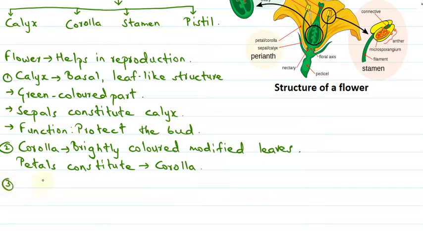Next, let's see what the stamen is. The stamen is the male reproductive part, or male reproductive organ, of a flower.